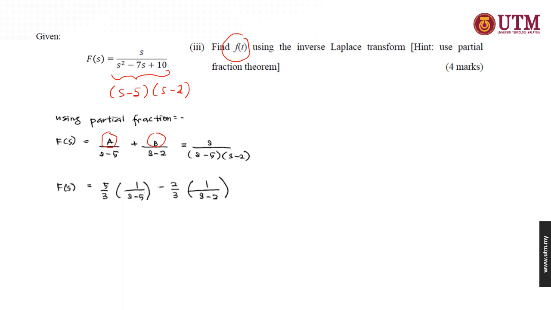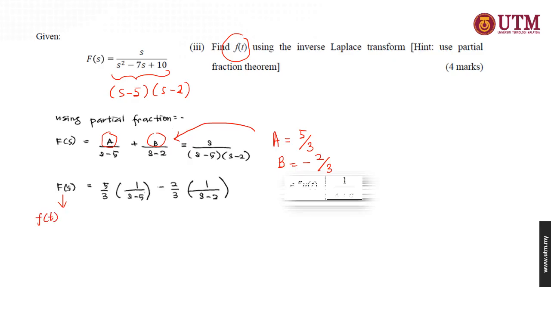Okay, so from the calculation, A equal to 5 over 3, while B equal to minus 2 over 3. So you put all the values into the equation. So now you already have the equation in shape. Then to get f(t), you need to compare the components with the table.